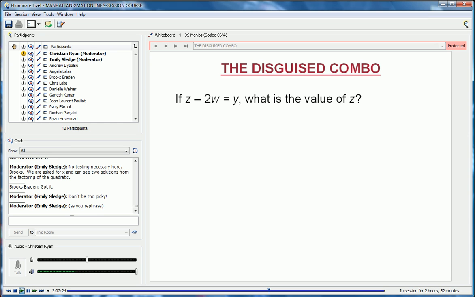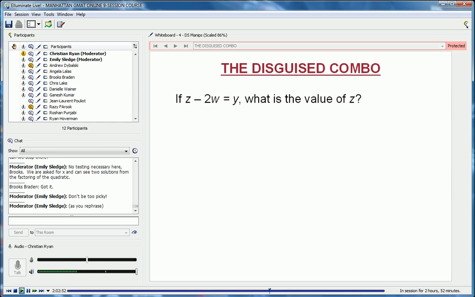You can also have disguised combos. So what I'd like you to do here is type into the direct message window, but don't hit return yet, what the real question is here. Just type in what you think the real question is about.